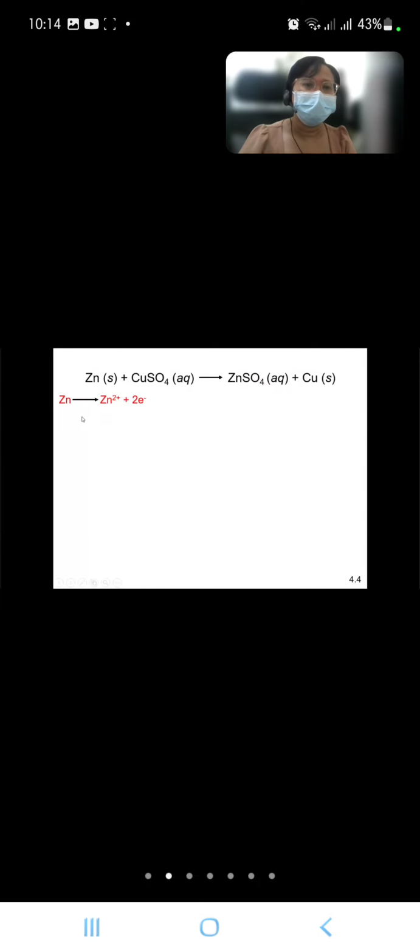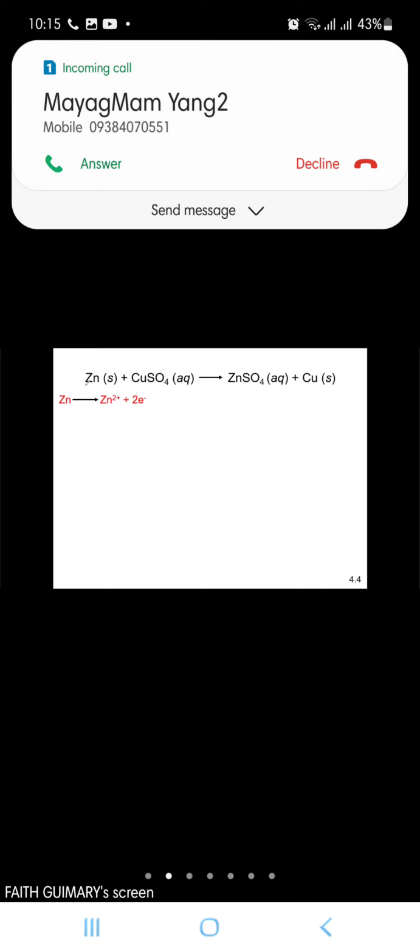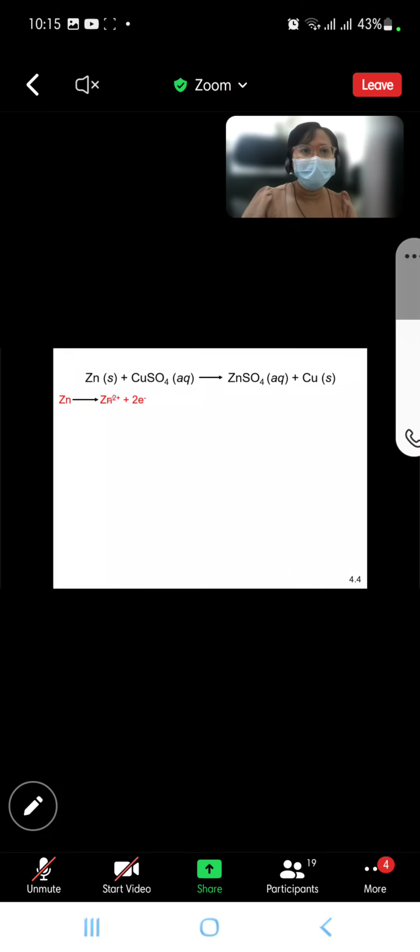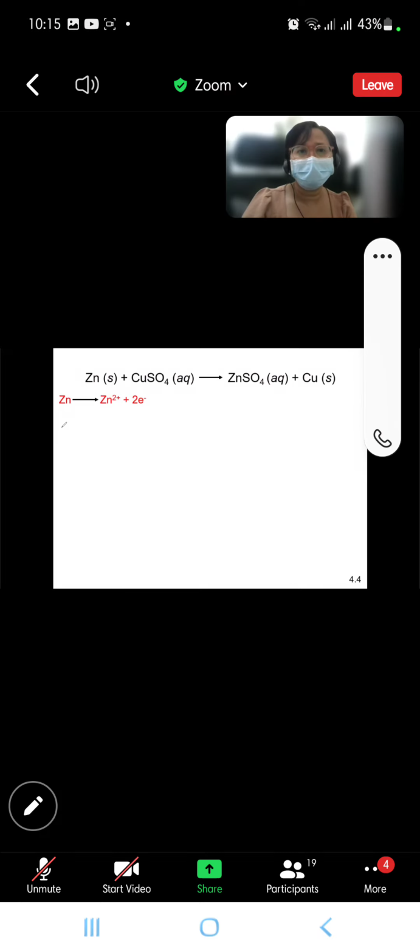Okay, so for zinc, this is the half reaction of zinc. On the reactant side, zinc is a free element, no? It does not react with other atoms. So it is a free element.